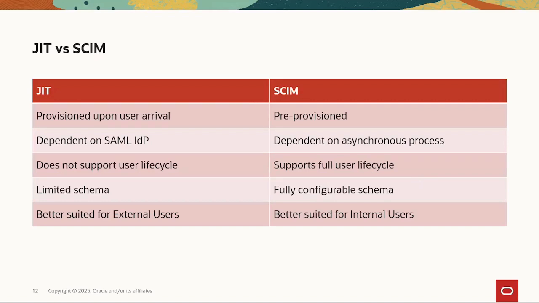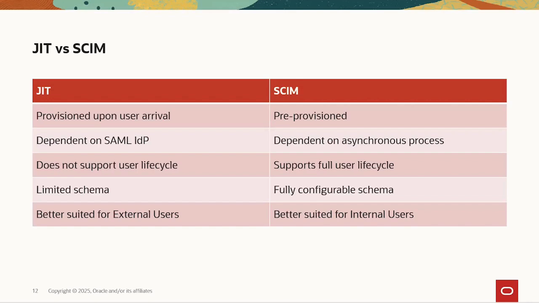So the recommendation says when you want limited schema, and you want to have limited lifecycle management capabilities on the sets of users, you would go with just-in-time provisioning. So what happens in JIT is the user gets created on the fly.